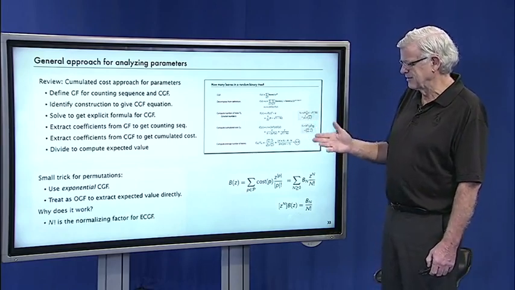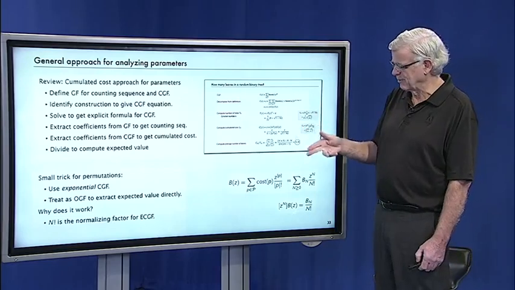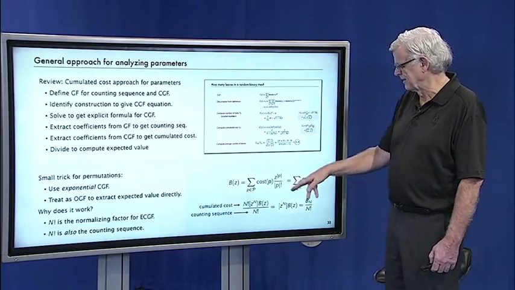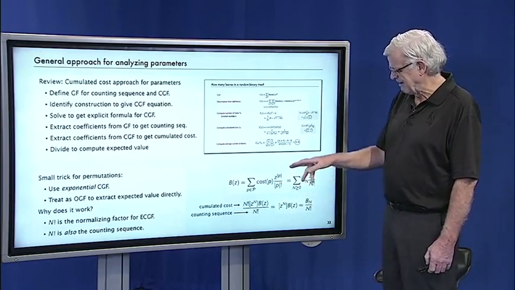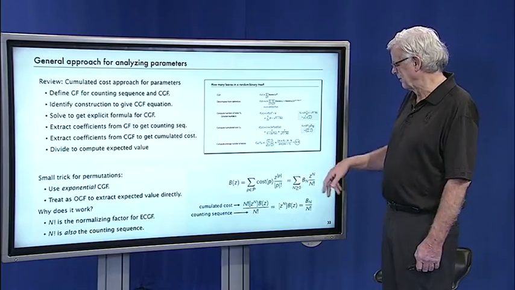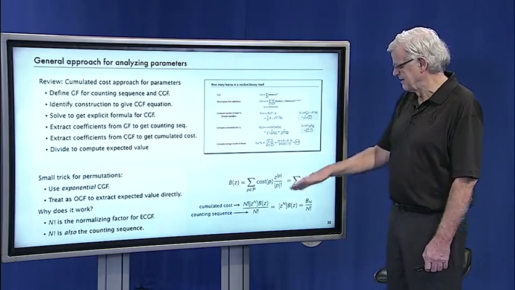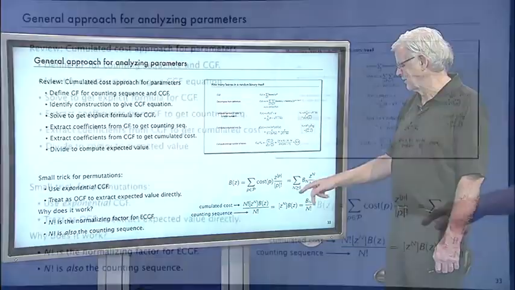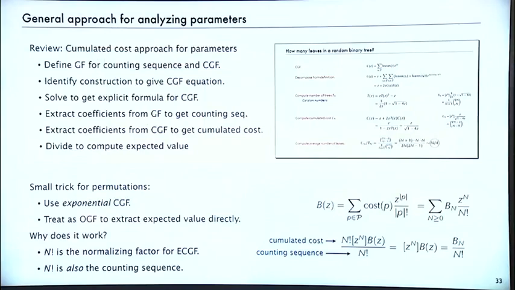This works because n factorial is both the normalizing factor and the counting sequence. So really this is shorthand for n factorial times the coefficient of z to the n of B(z) is the total cumulated cost. N factorial is also the counting sequence. So if we just extract the coefficient of z to the n, we get the average for permutations.